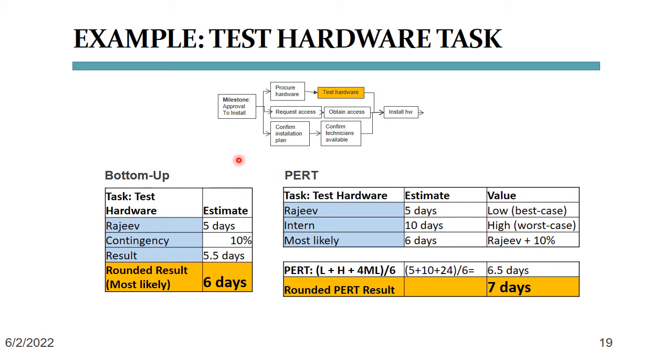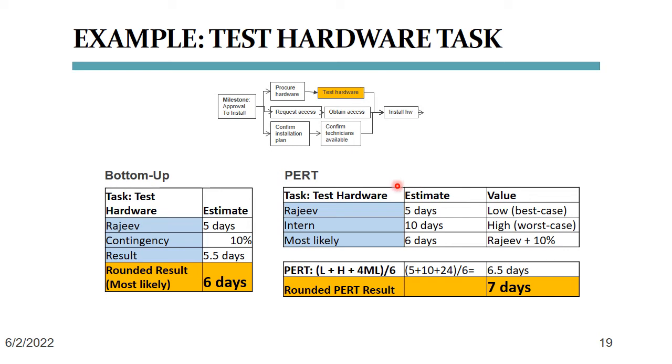Now, if we were going to do Pert estimating, we would say that Rajiv's estimate of the 5 days is the low, best case scenario number. We also remember that Eric, the intern we had last year, took 10 days to figure out how to set up automated testing and then still had to ask Rajiv for help.